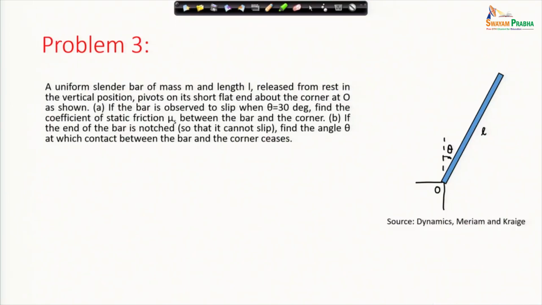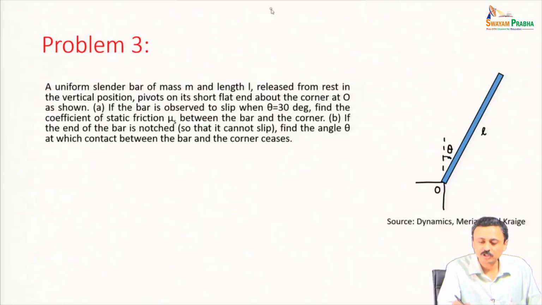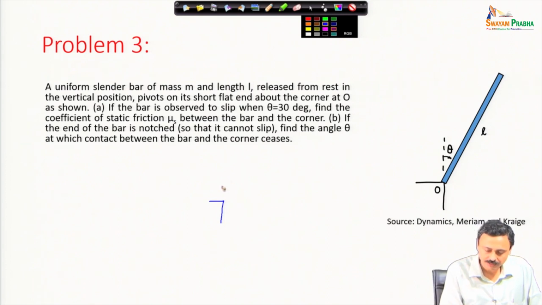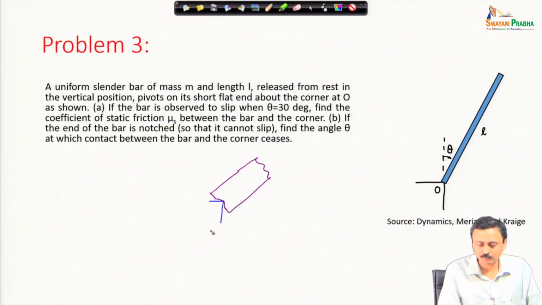The first part visualization is straightforward. Let me show you what is meant by a notched bar. Suppose this is that corner at O. A notched bar will look something like this. This is a notched bar.